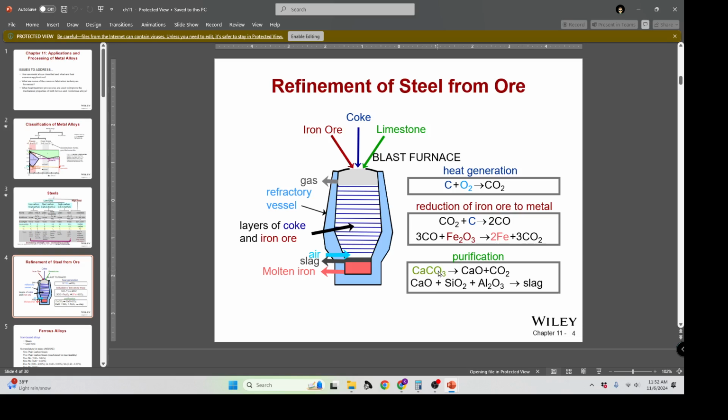The limestone, calcium carbonate, splits into calcium oxide and CO2 at high temperature, and combines with silica and alumina to turn into slag. That comes off the process and you get molten iron at the base.